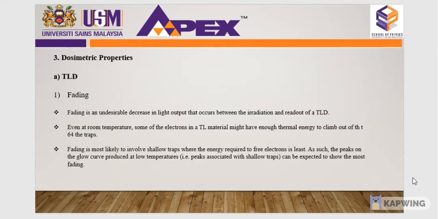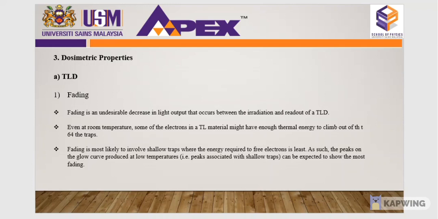There are many dosimetric properties such as fading, sensitivity, dose response, and energy dependence. The term fading means a decrease in light output that occurs between the irradiation and readout of a TLD. Some electrons in a TLD material may have enough thermal energy to climb out of the trap even at room temperature.